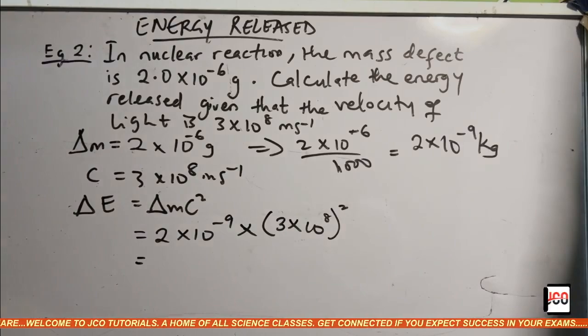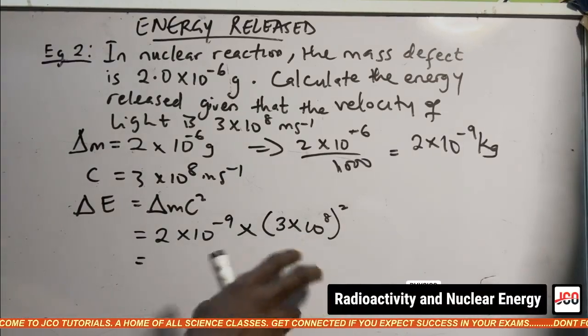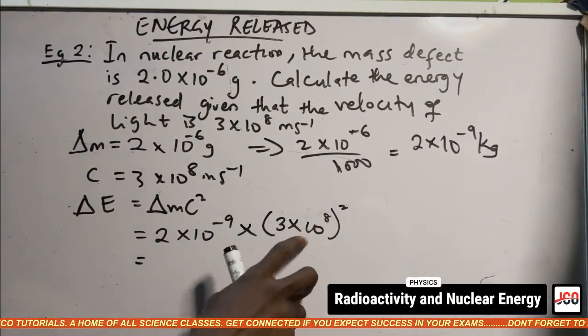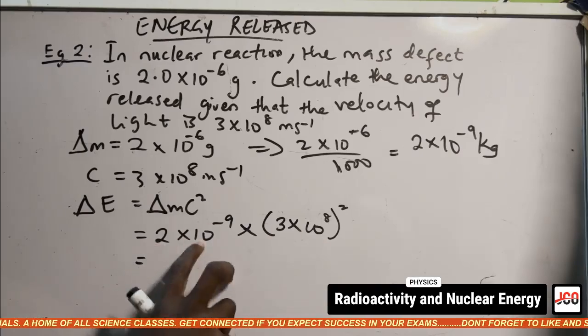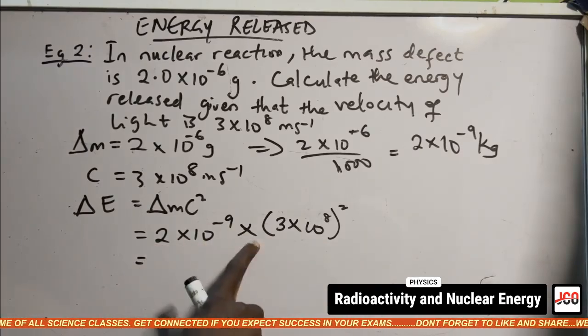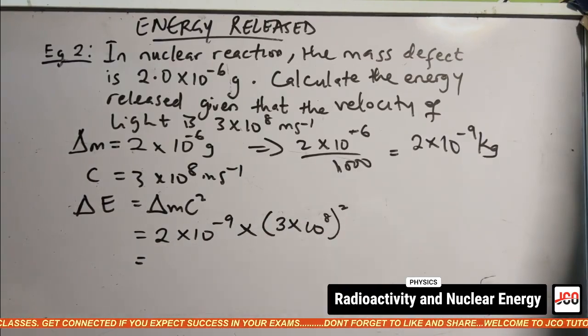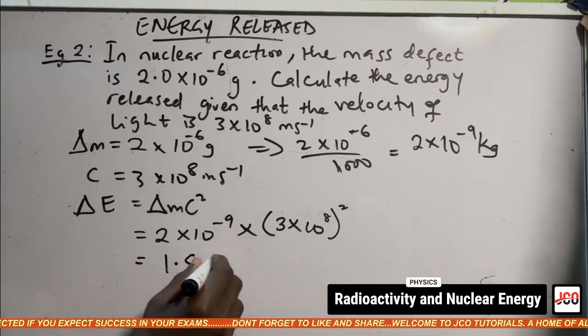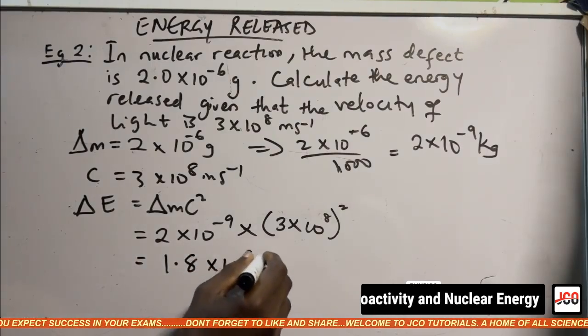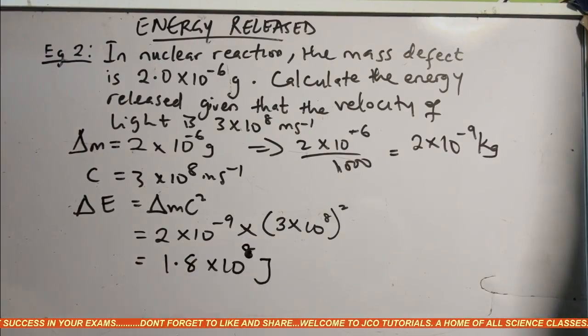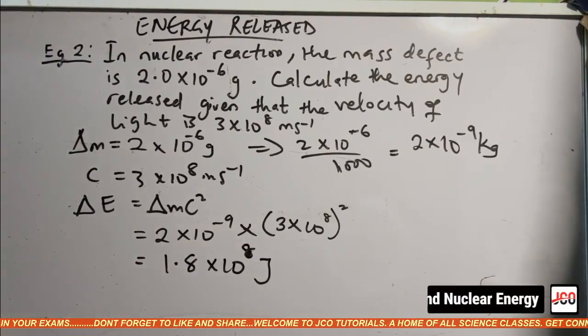If you're going to punch the calculator, you punch 2 times 3 times 10 raised to power 8 times 3 times 10 raised to power 8, or you punch 2 times this times open bracket 3 times 10 raised to power 8, close the bracket and put square. When you do that, you're going to get an answer which is 1.8 times 10 raised to power 8 joules. Very simple and very clear.